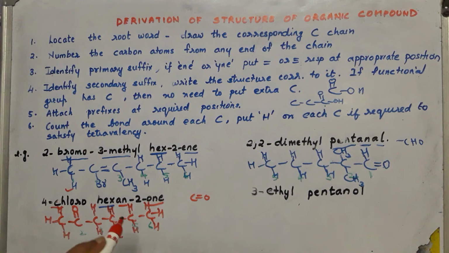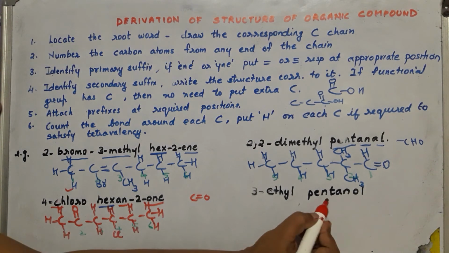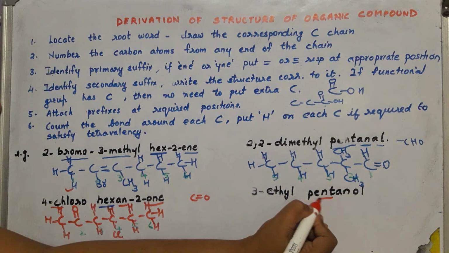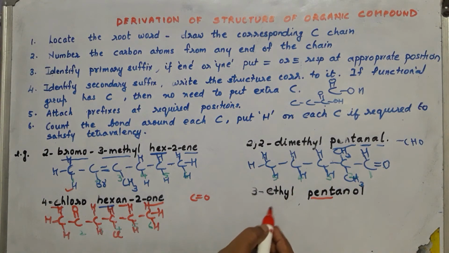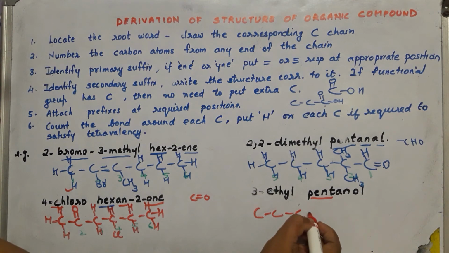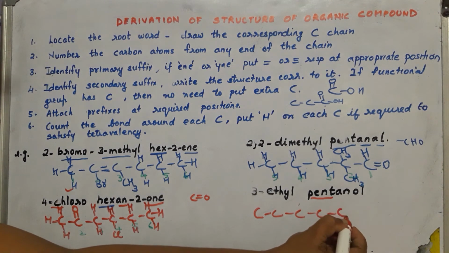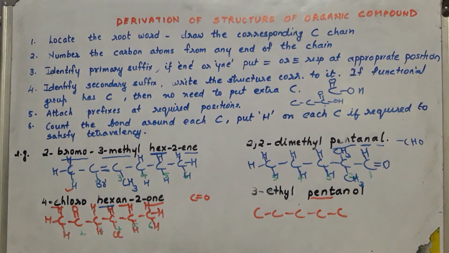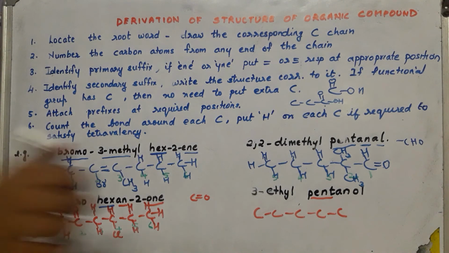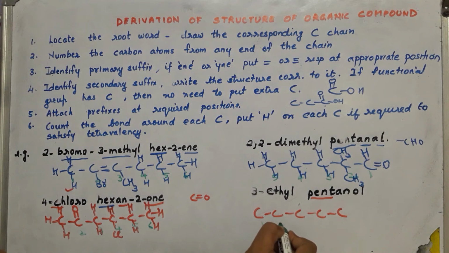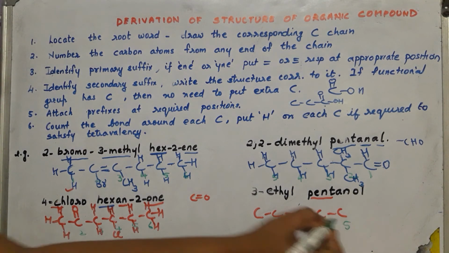Okay. Now the next is 3-ethylpentanol. So locate the root word pent. Give 5 carbon: 1, 2, 3, 4, 5. Now number it. Numbering can be done from any end: 1, 2, 3, 4, 5.